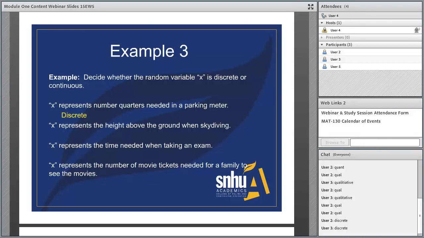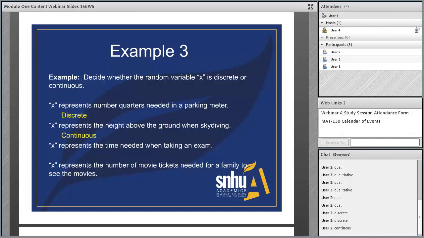How about the height above the ground when skydiving? Okay, excellent. Because you could be 3 meters up. Well, that would not be very good for skydiving. I don't know the right height, but 3,000 feet or 3,000.1 or 3,000.01. Any height is possible. So that's continuous.